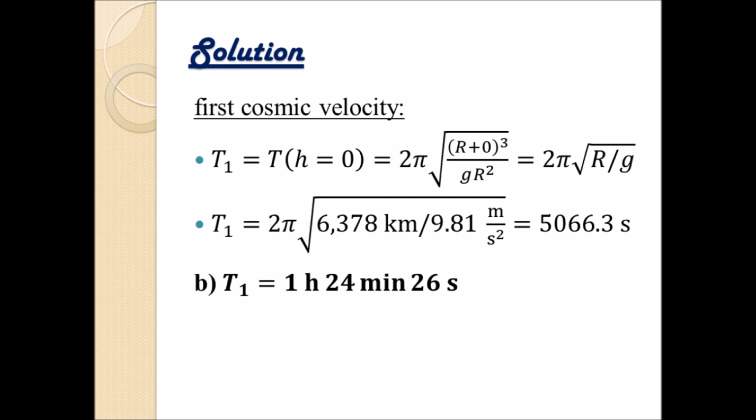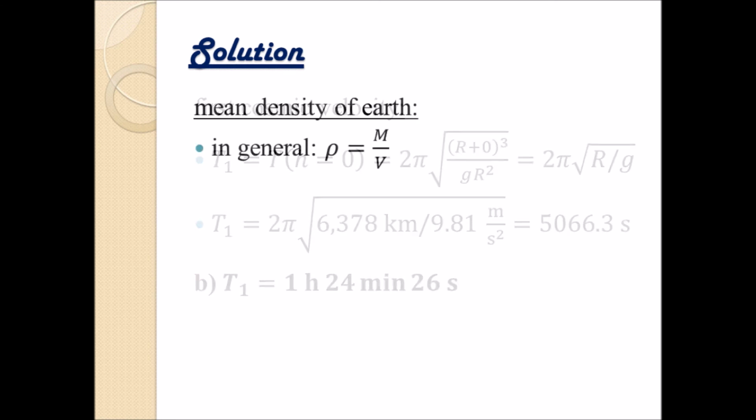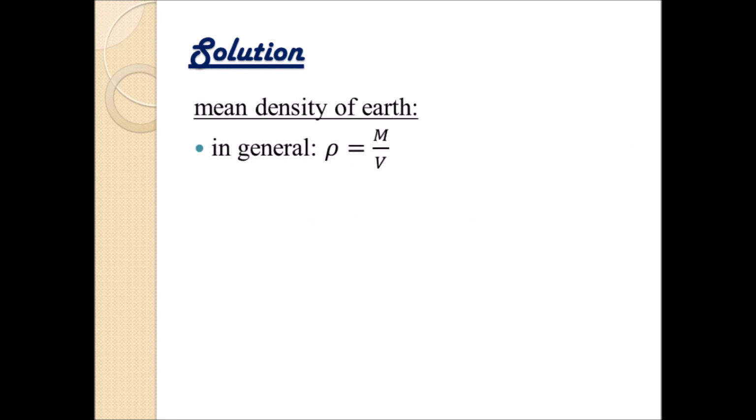Are we done yet? No. There was one last question, whether the mean density of Earth can actually be calculated from T1. How do we approach this problem? We know that in general the density of an object is mass of the object divided by its volume.